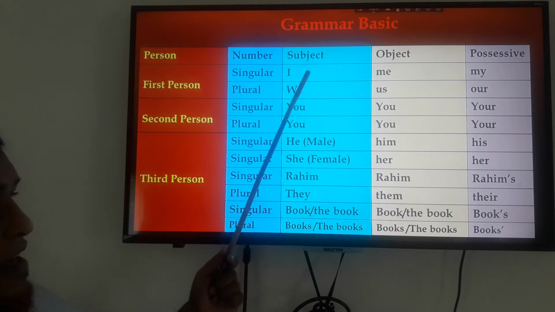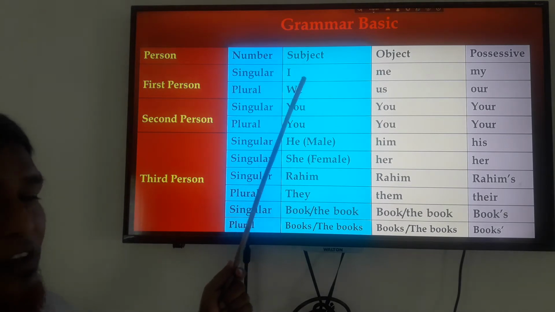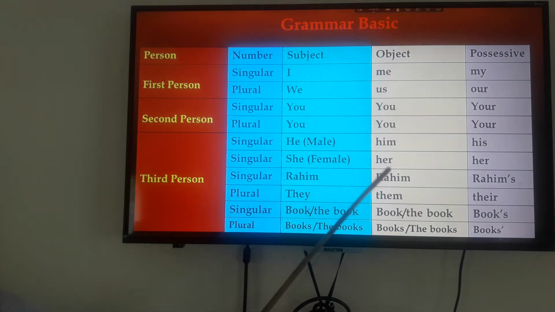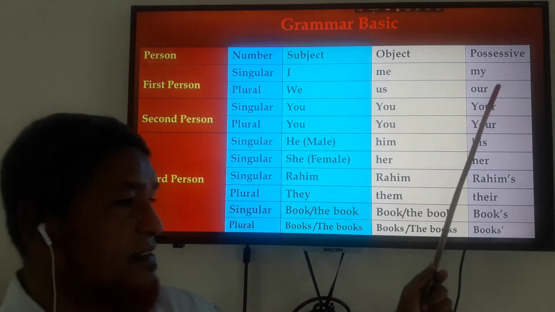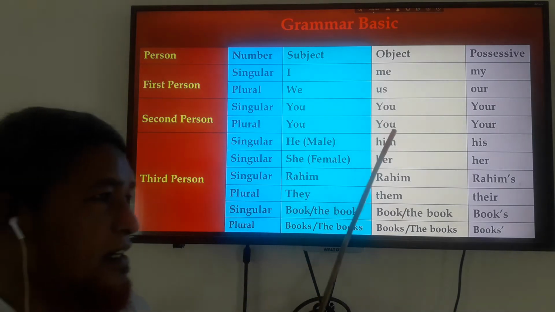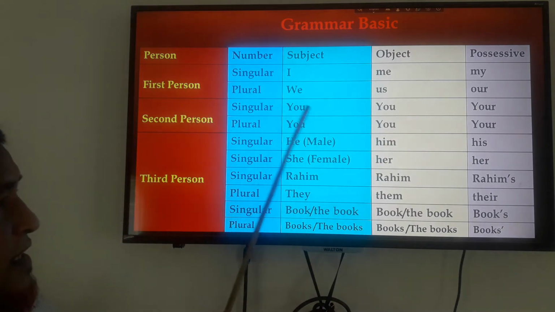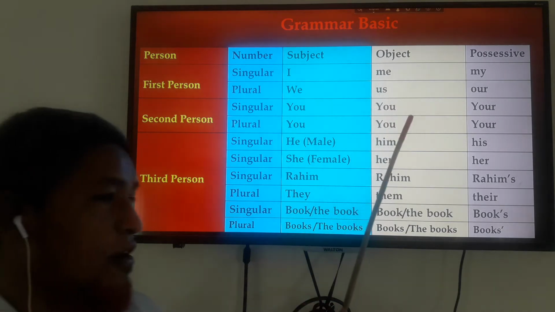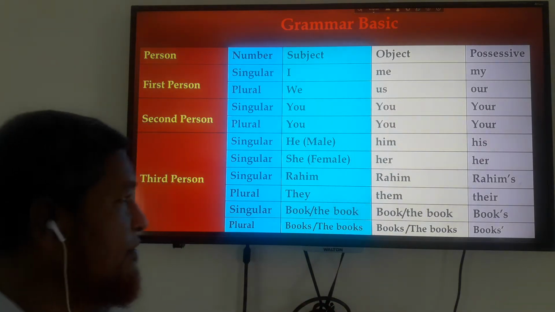Nominative case means the subject. Subject is called the nominative case. Okay, and which is object? It is objective case, and this is the possessive case. I mean, in a person there are three forms: subjective form, objective form, and possessive form.